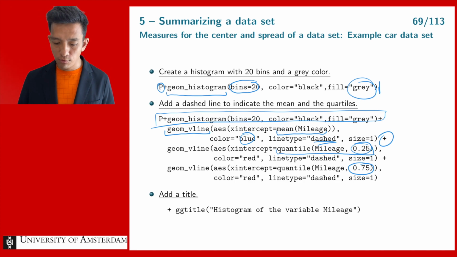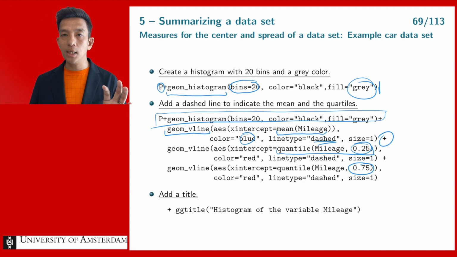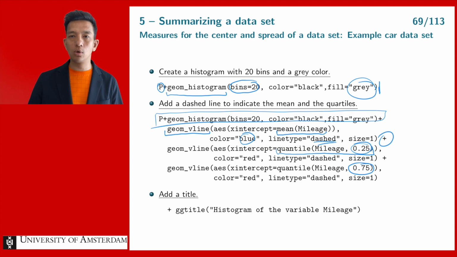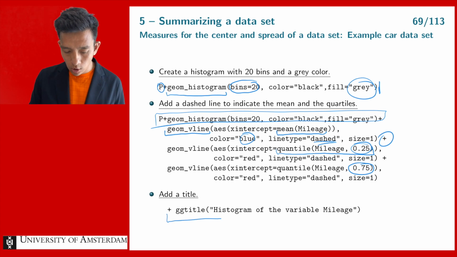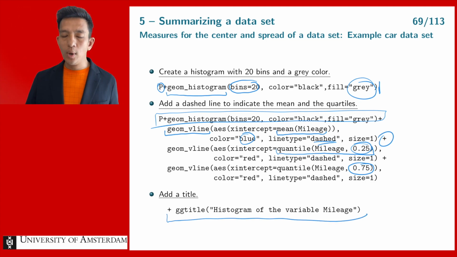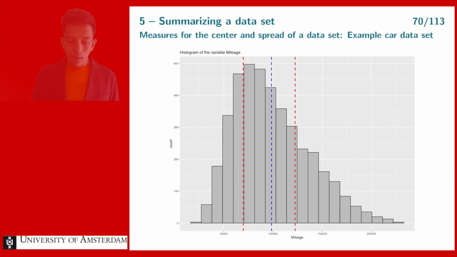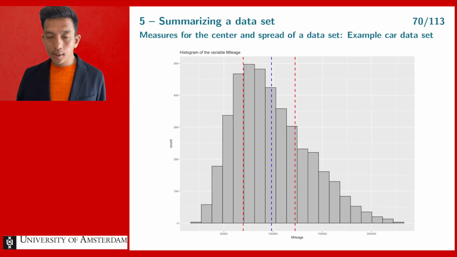So it means I have my base layer that tells me this is the data that I want to use. Then I build the histogram, and then I add three vertical lines, the mean, the first and the third quartile. And then lastly, I add another layer, which is the title that I want to put on top of the histogram. And if I run that code, I get this picture.